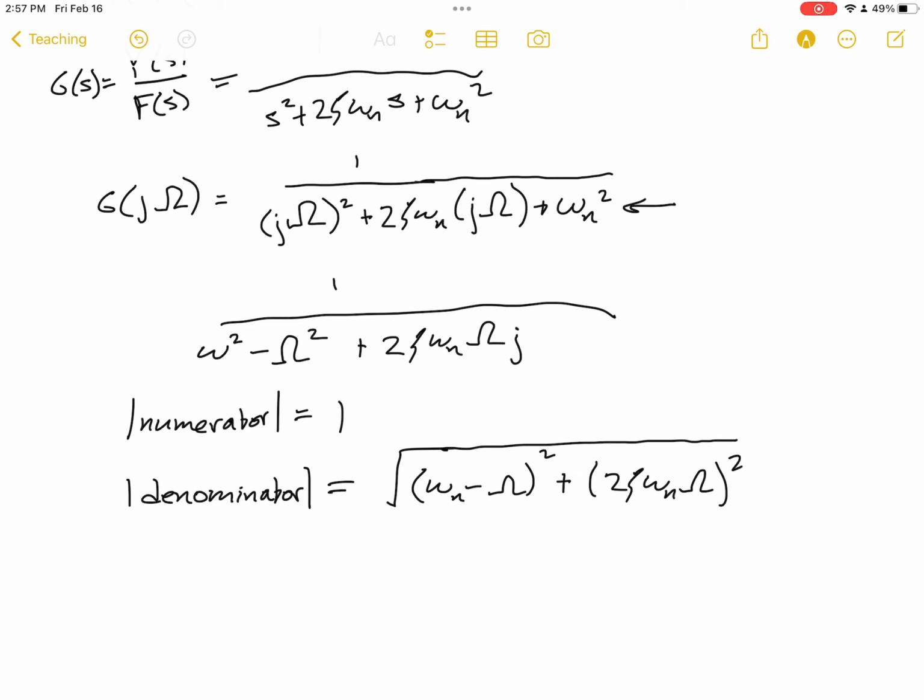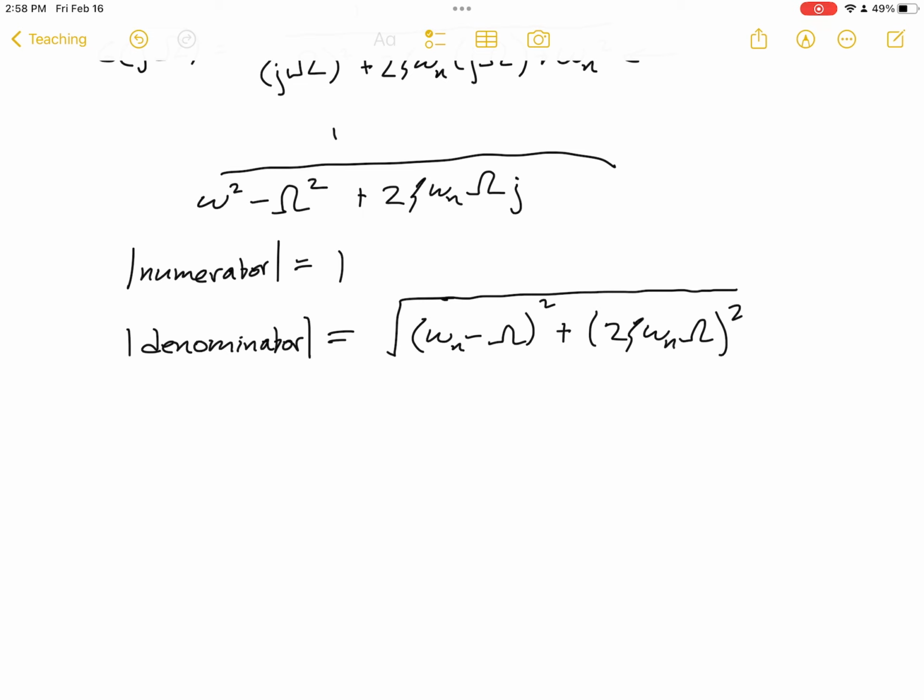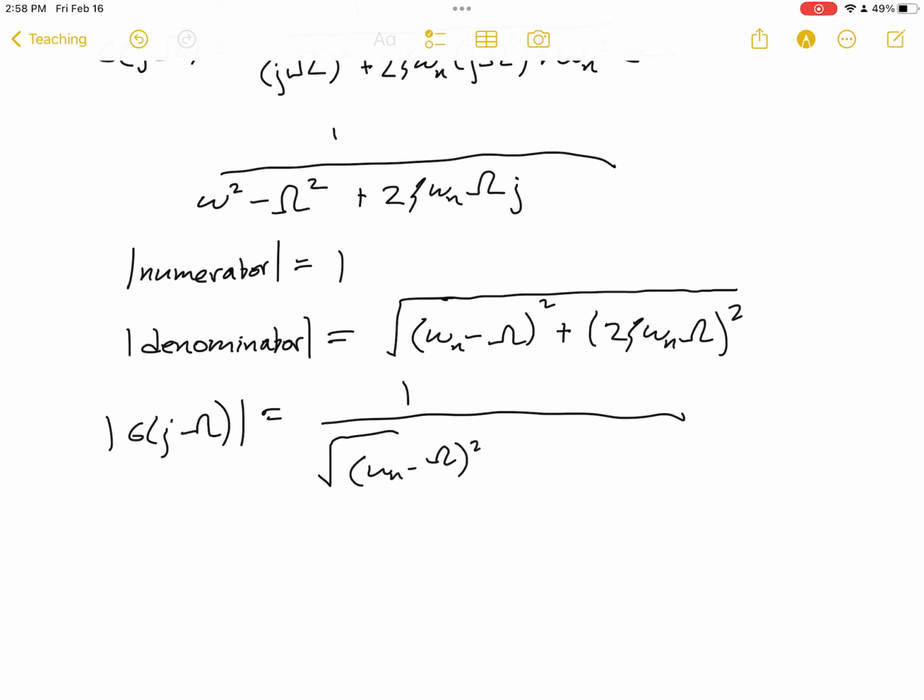Take the square root over all of that. And this might start to look familiar based on that equation that I told you we would derive for the magnitude of response. And so the magnitude of g of j omega is equal to the magnitude of the numerator, which is 1, divided by that whole square root.